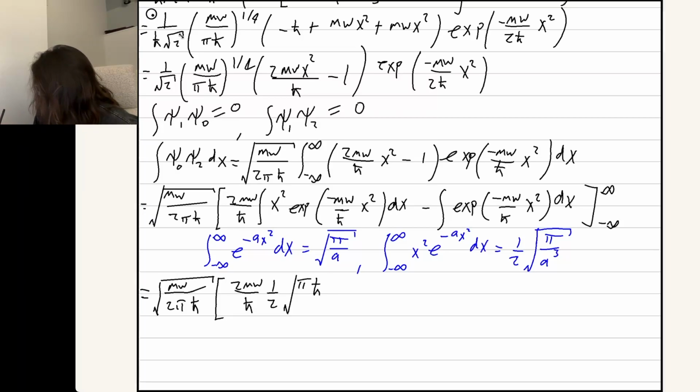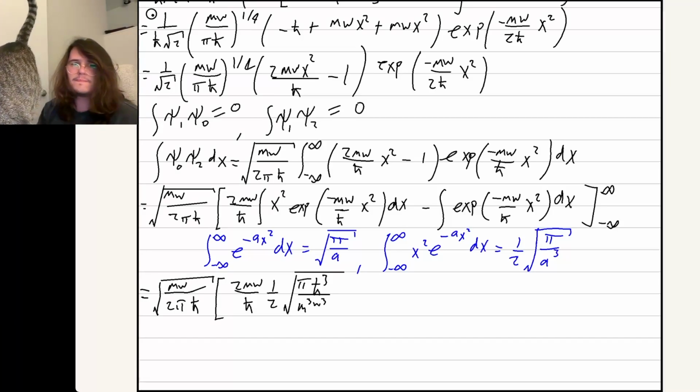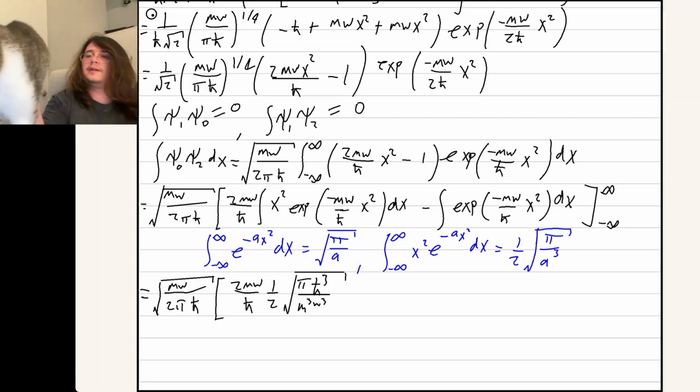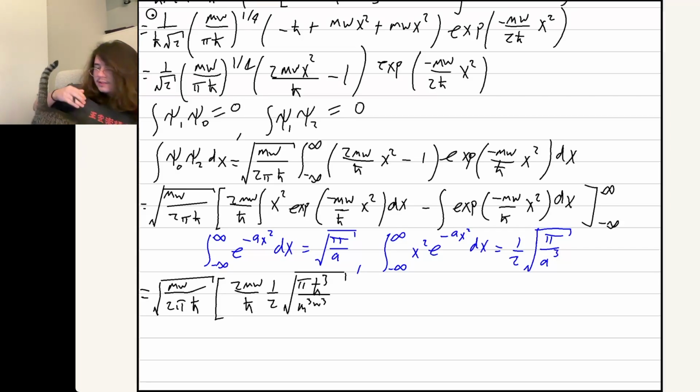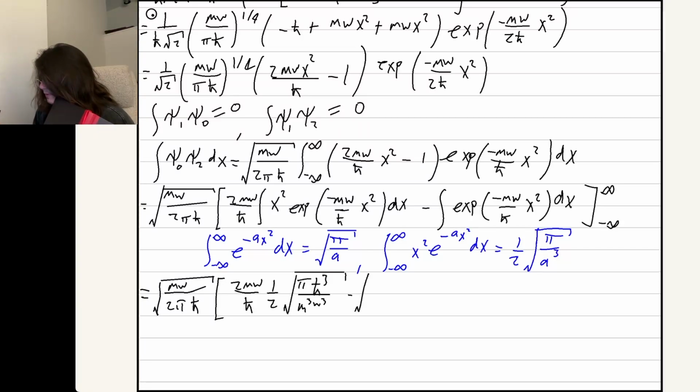So we have h bar cubed over m cubed omega cubed. And then we have the other integral, which is minus just pi over a, so root pi times h bar over m omega, right there.